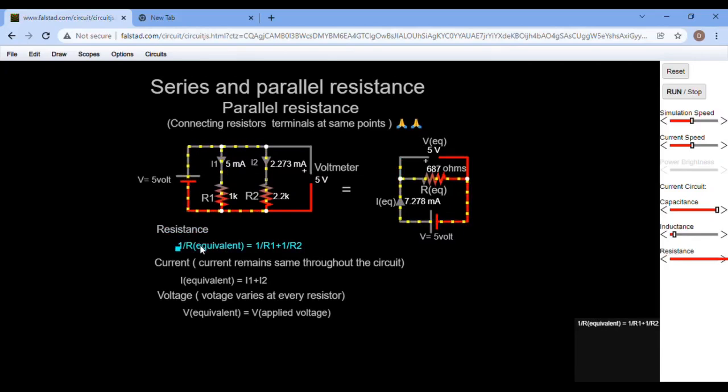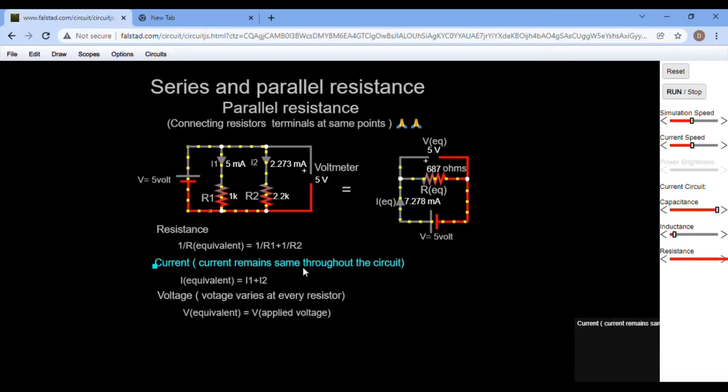The equation of the resistor is 1 by R equivalent equals 1 by R1 plus 1 by R2, which is 1 by 1k plus 1 by 2.2k, that comes to 1 by 687 ohms, which when you cross multiply gives you this value R equivalent.